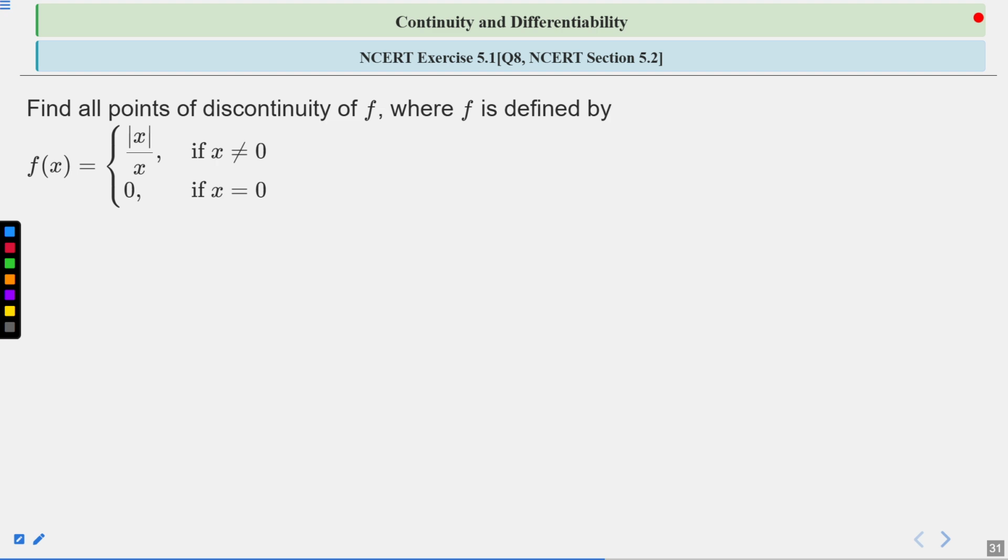And we need to check the points of discontinuity of f, right? Again, we will try to check the left hand limit and right hand limit of f(x) at suppose 0, isn't it? So in this way you can try to approach this question. You have 10 seconds to solve or think about this question. After that we will move to the solution part, right?